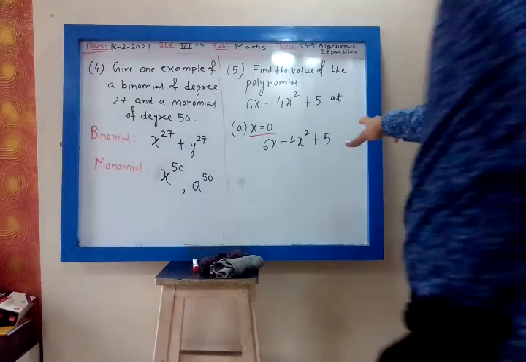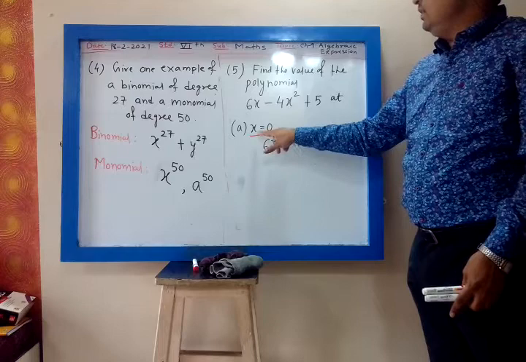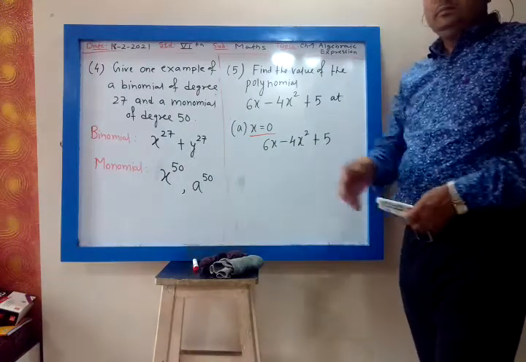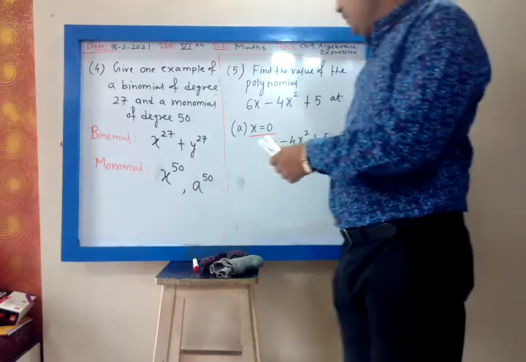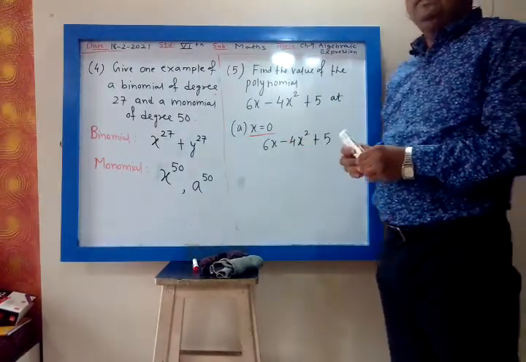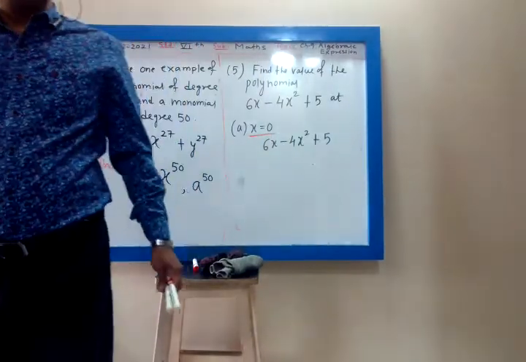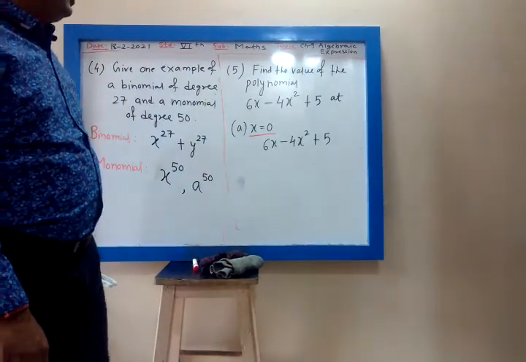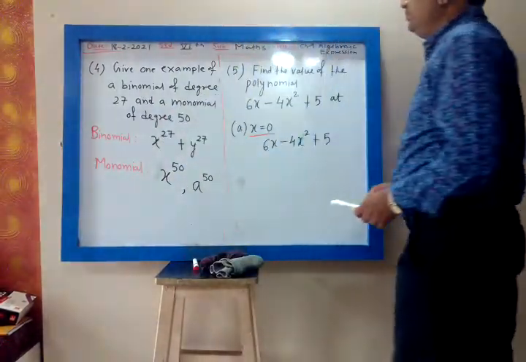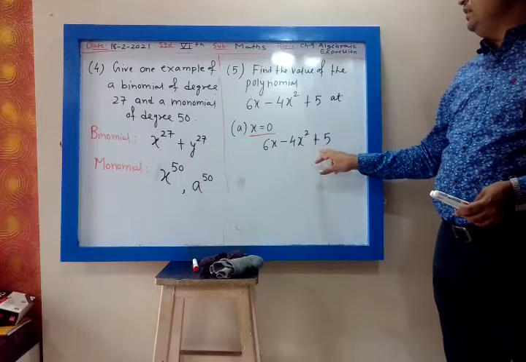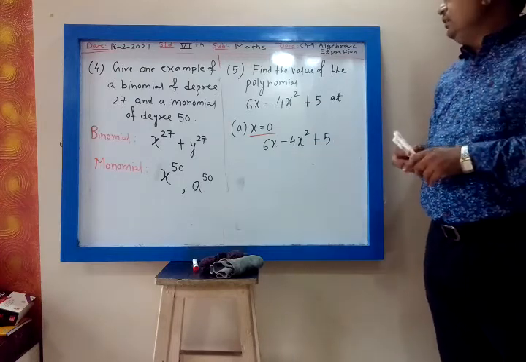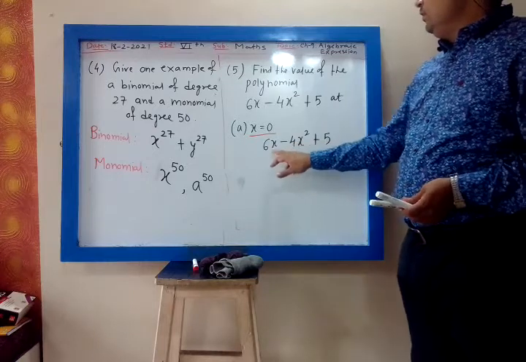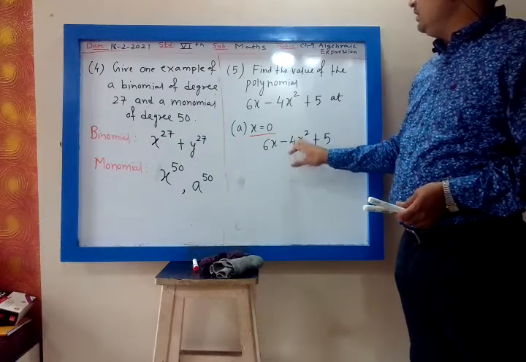Now we want to find the value of this polynomial at x is equal to 0, means when the variable takes the value 0.